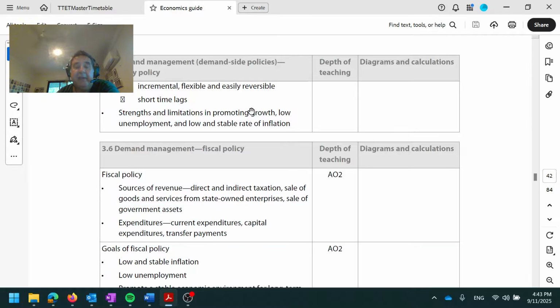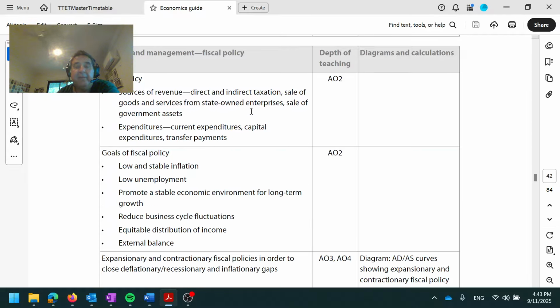Fiscal policy: the interesting thing about fiscal policy, remember, is that it has both demand management aspects as well as supply side. So fiscal policy sources of revenue: taxation, sale of goods and services from state-owned enterprises, and sale of government assets, or what we call privatisation.